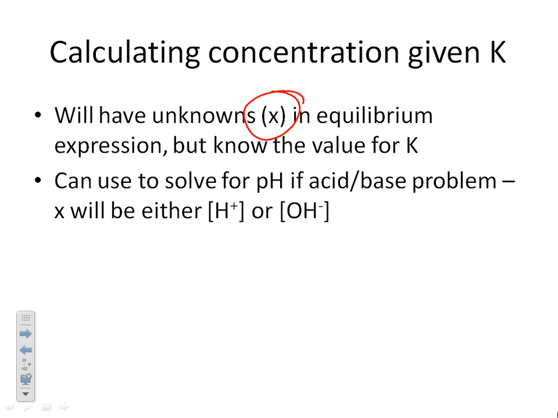We're going to have unknowns, x's, in our equilibrium expressions, but because we know the value for K, the equilibrium constant, we can set up the expression and then solve for the unknown concentration.